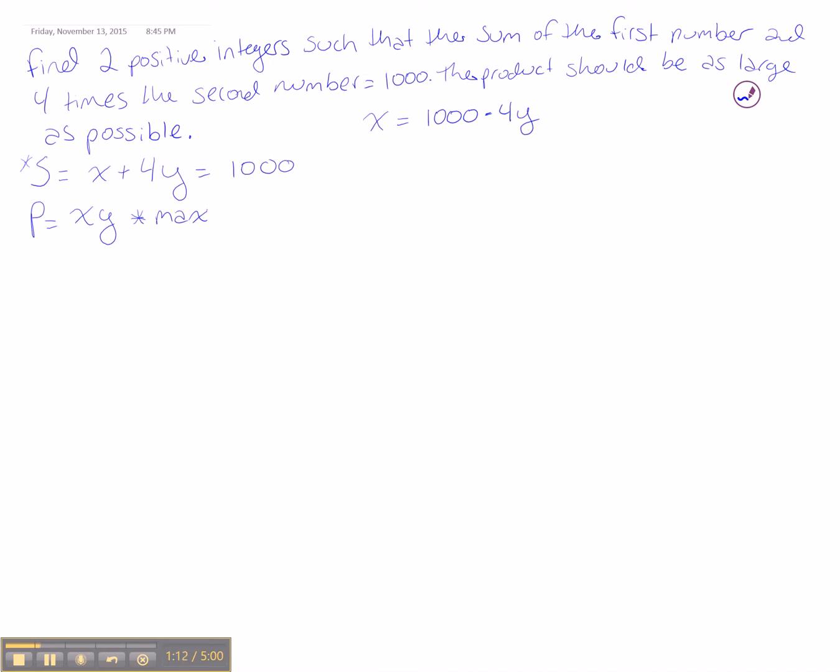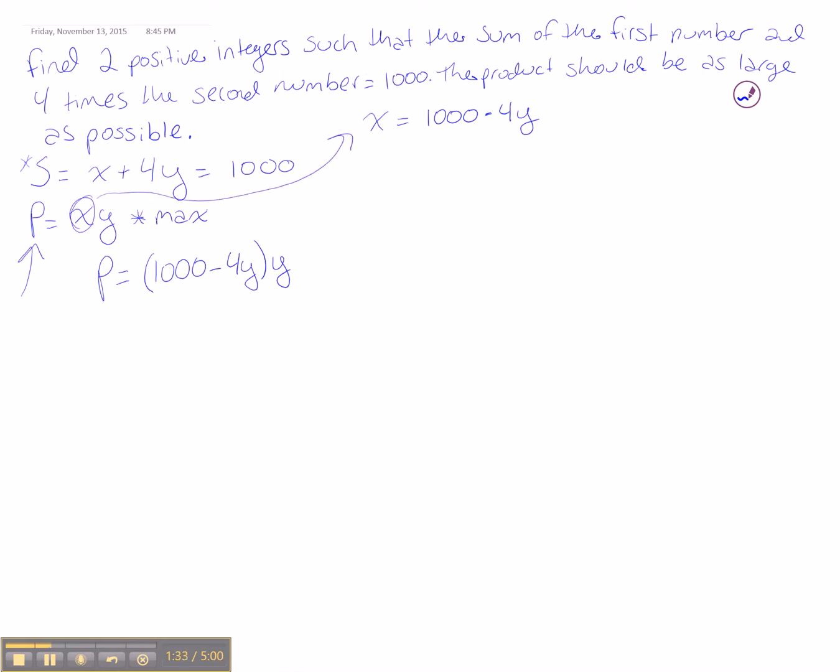So now we can take this x and plug it into our product function, which is the max function, and we can say that the product equals, we're just going to plug in for the x, (1,000 minus 4y) times y. And all I did was plug in this x right there.